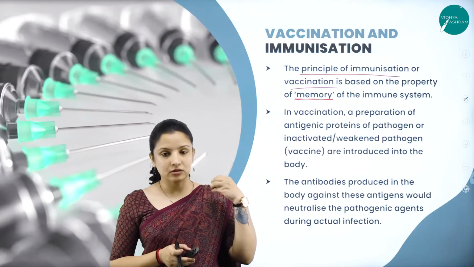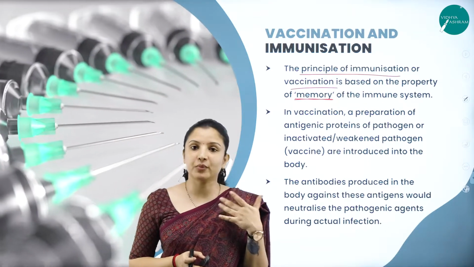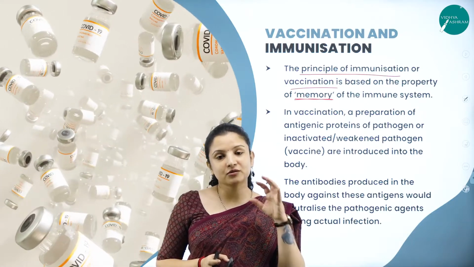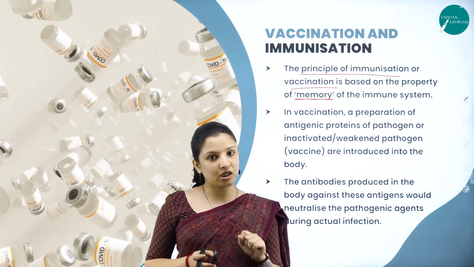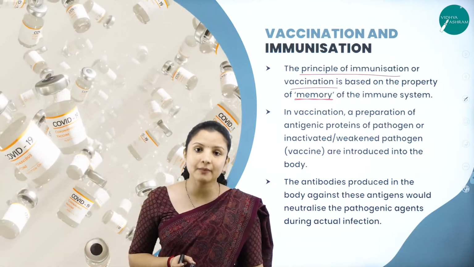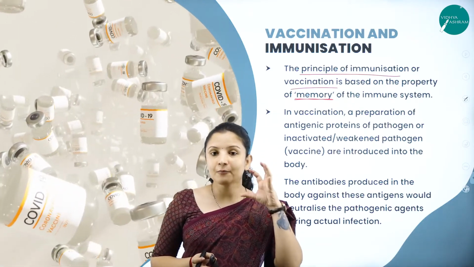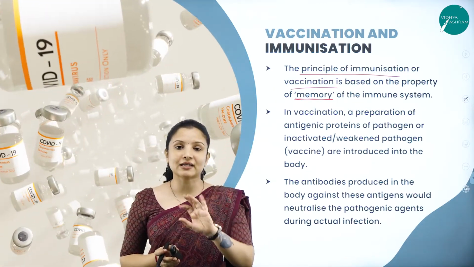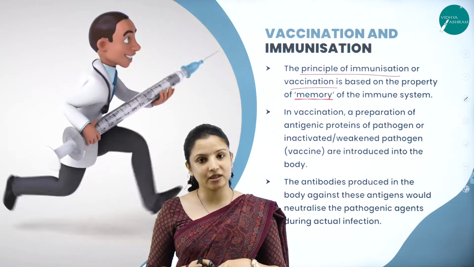Whenever one round of infection occurs to a particular person, the immune cells will be produced to fight against that particular disease. So next time when the person incurs the same disease, the same memory will be stored in the immune cells and the immune cells will get activated to fight against that particular disease.